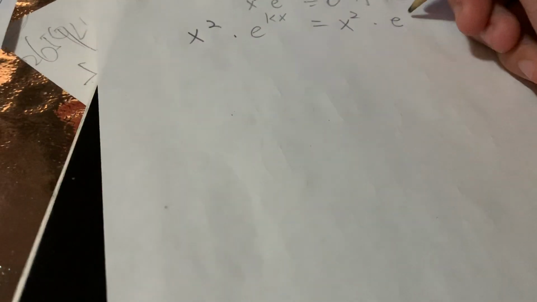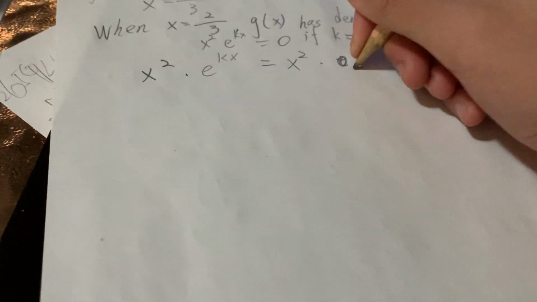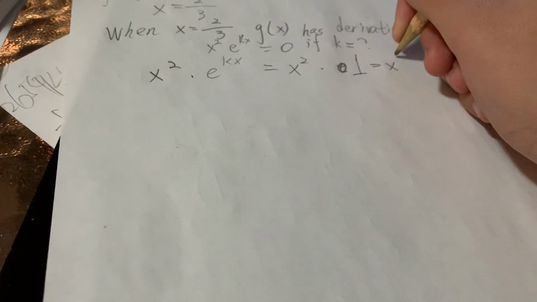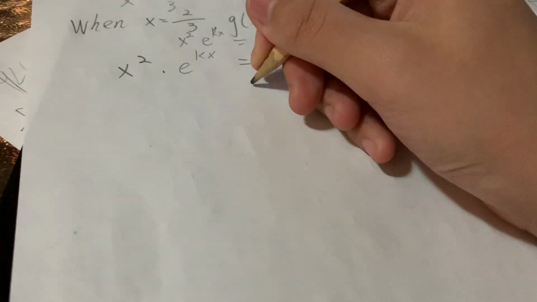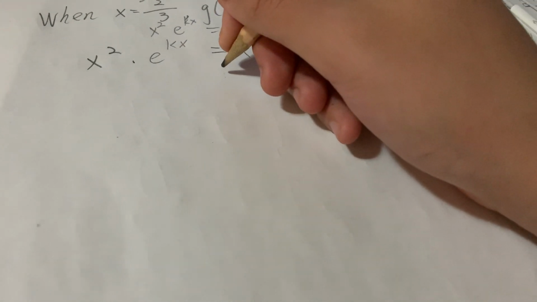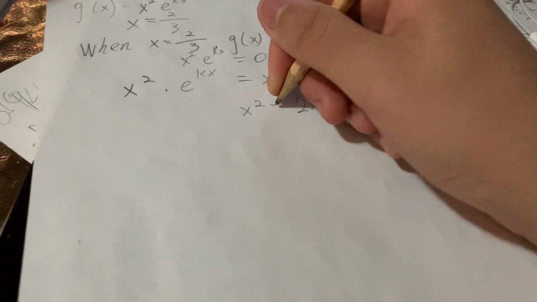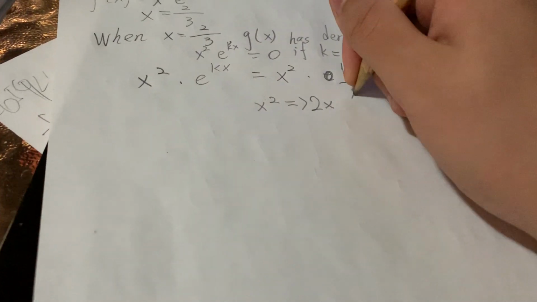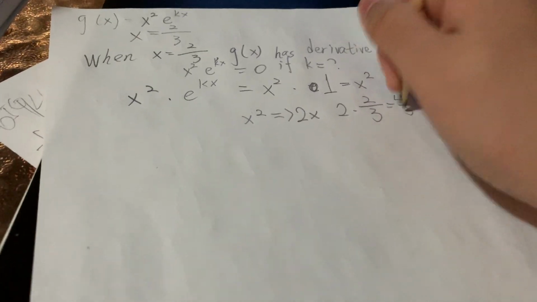We first try D, because I think D is possible. It is equal to 1. So it is going to be equal to x squared. However, the derivative of this is going to be 2x. So 2 times 2 divided by 3 is 4 divided by 3, which is not correct.